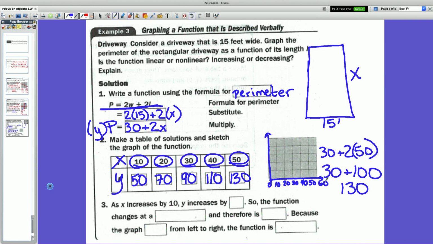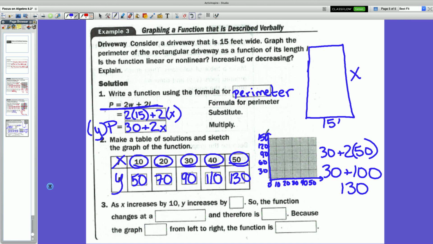Oh, not quite. So 30s, let's go by 30s. So 30, 60, 90, 120, 150. Okay, so I went by 30s on the y-axis so that they would all fit.